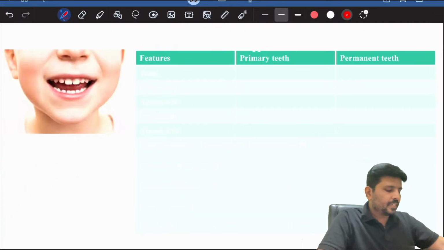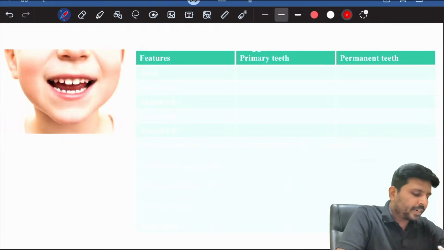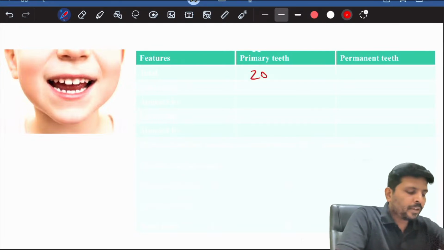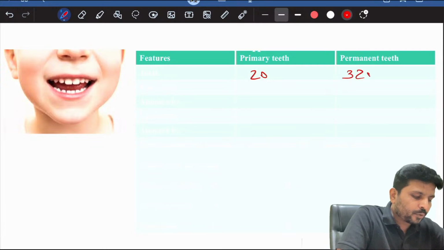Then comes the teeth. You all know the primary teeth. Primary teeth are usually 20 in number, whereas permanent teeth are 32 in number, because you have additional 2 premolars and 1 extra molar.